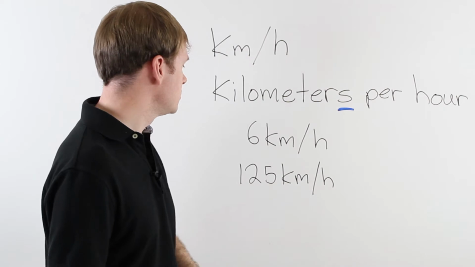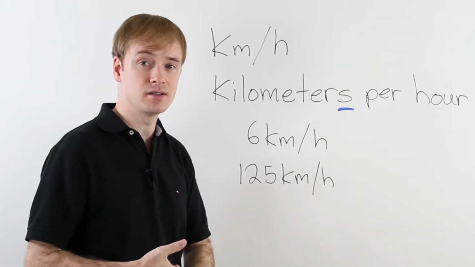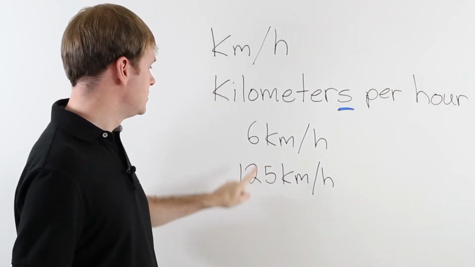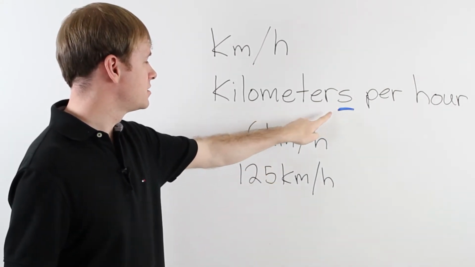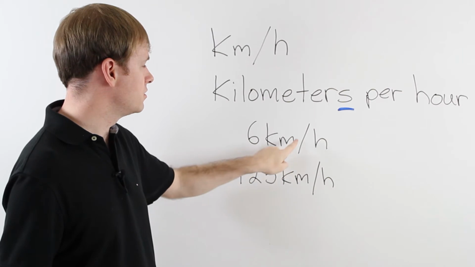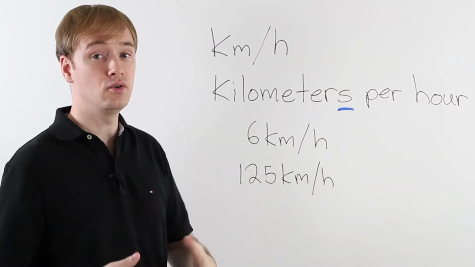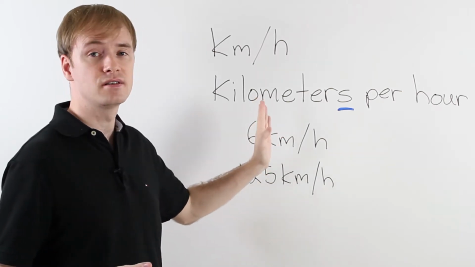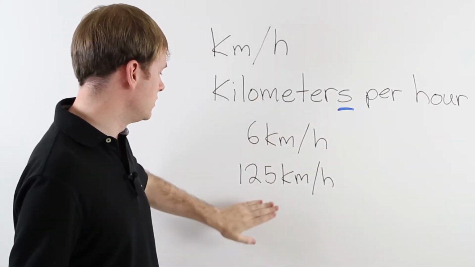So I just have two examples here because it's quite easy. What is this speed? Well, 6 kilometers per hour. There is no S written here, but you always have to say the S.